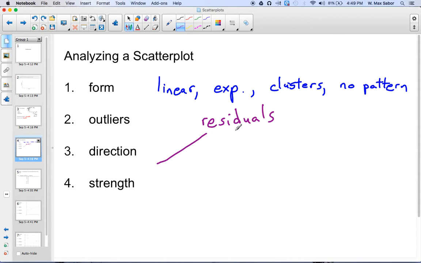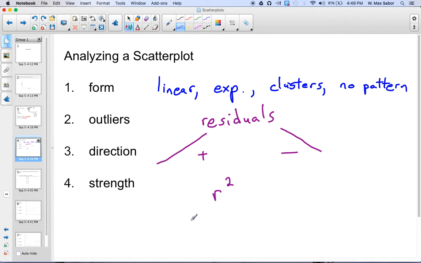Certainly it's important to know whether this is a positive correlation, so it has a positive slope, or a negative correlation with a negative slope. Again, that would only be true if it's linear or there's some exponential. It kind of is tied to the form, but a positive correlation is a very different result from a negative correlation. And then the strength, which we usually quantify with what's called an R squared value.